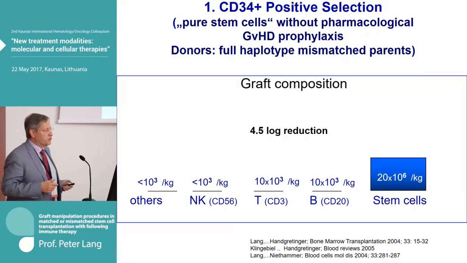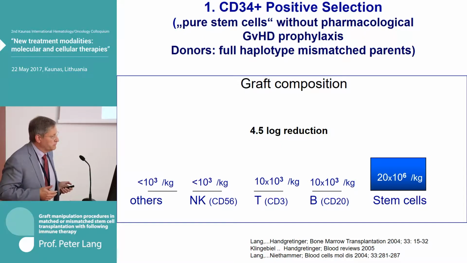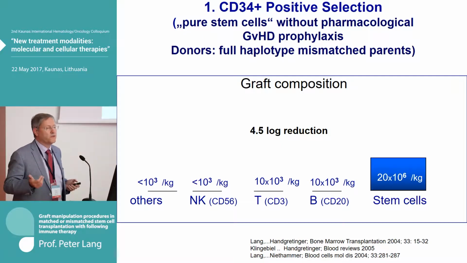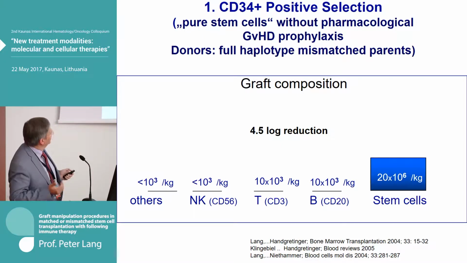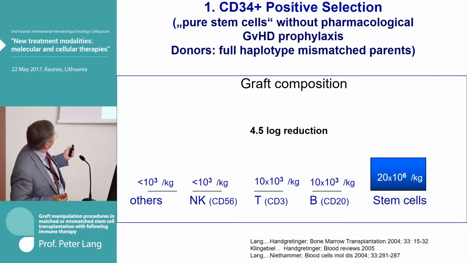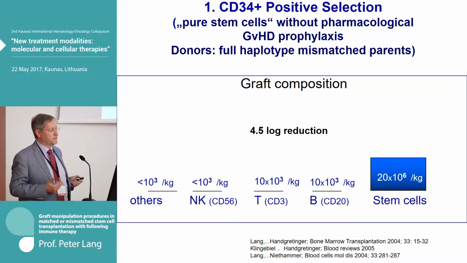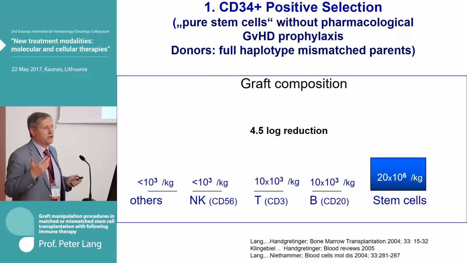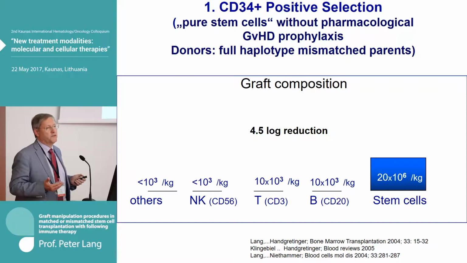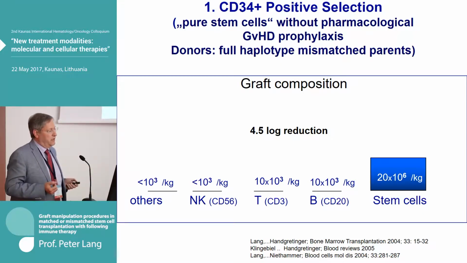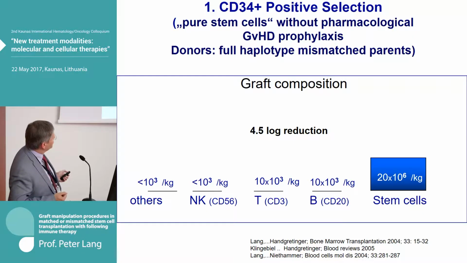Now I would like to show you very briefly our results with the CD34 positive selection method. Again, we infused pure stem cells without any pharmacological GvHD prophylaxis after transplantation, and all donors were full haplotype mismatched parents, because I talk about pediatric patients. So this is the graft composition.